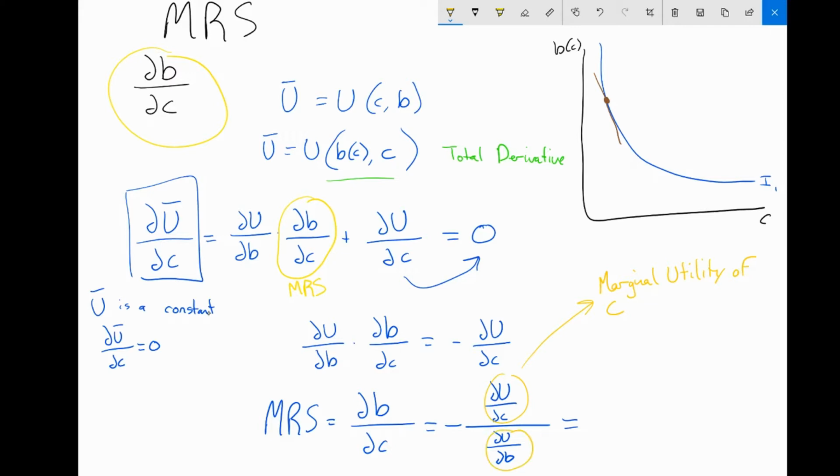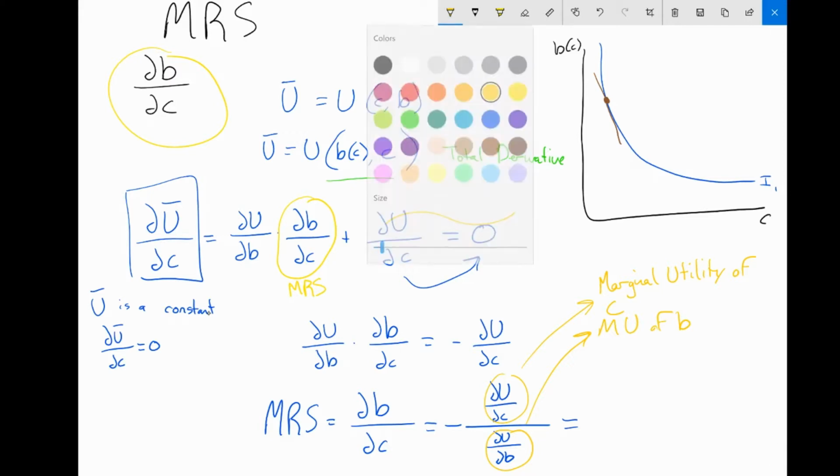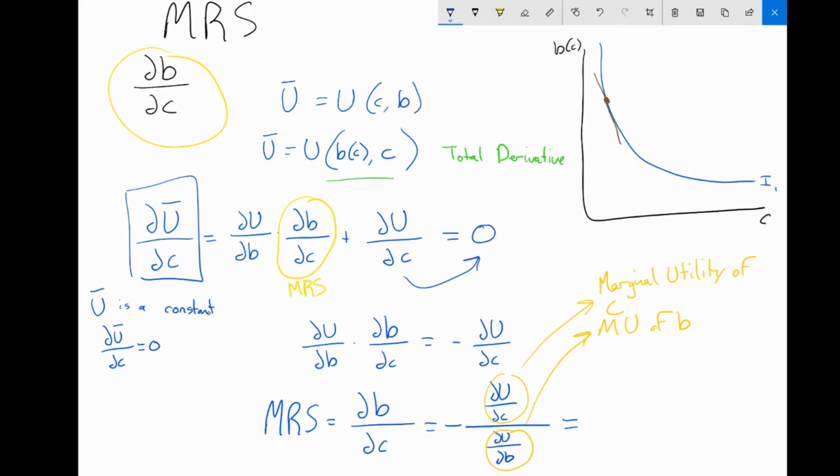And the same thing, you'll notice here is the marginal utility of b. That means how much utility goes up given a marginal increase in the number of bagels. So let's just replace that with some notation here. This will be negative the marginal utility of coffee divided by the marginal utility of bagels.